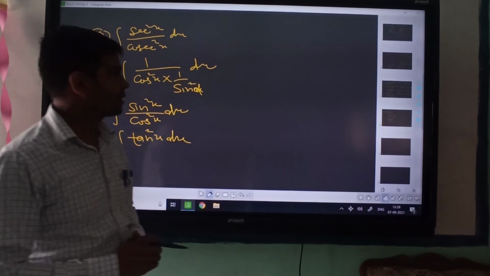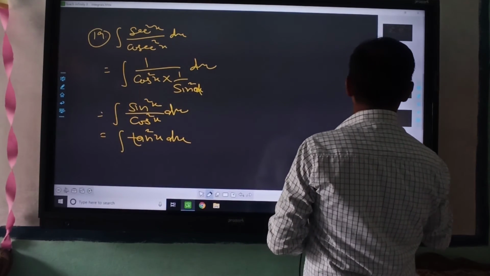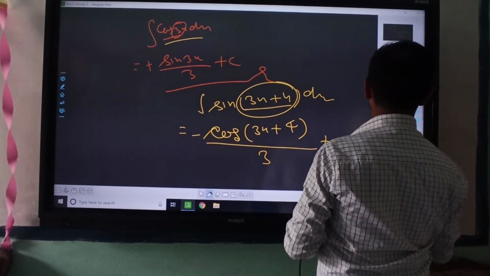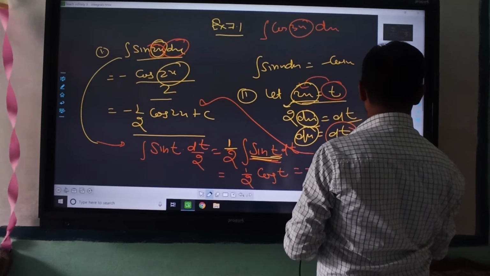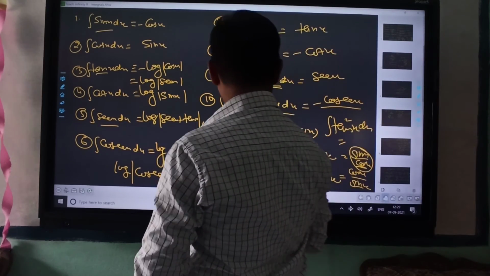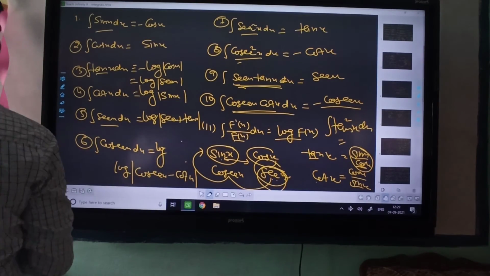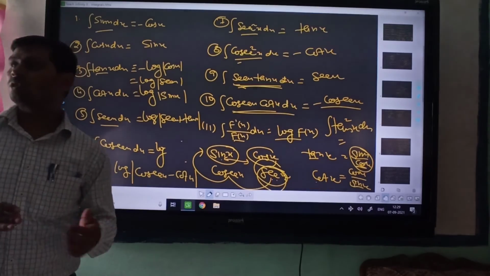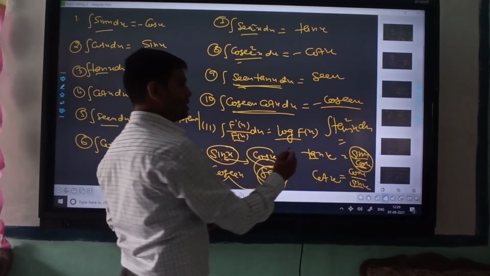Come to this slide. I told you last time, you may be confused here. Many times they will ask you this formula: what is the integration of tan square x?